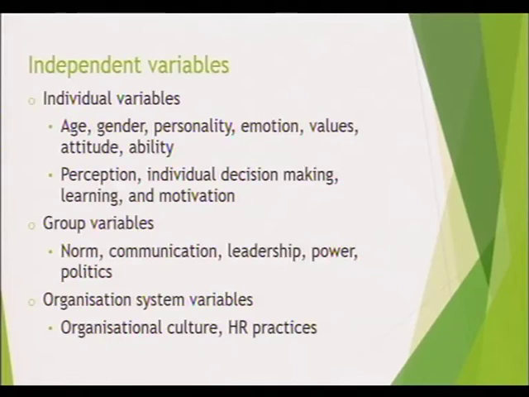Now, group variables, we are looking at norms, communication, leadership, power, politics. Independent variables, we are also looking at organizational system variables, organizational culture, HR practices. All those are independent variables. So we should be able to differentiate between dependent variables and independent variables.